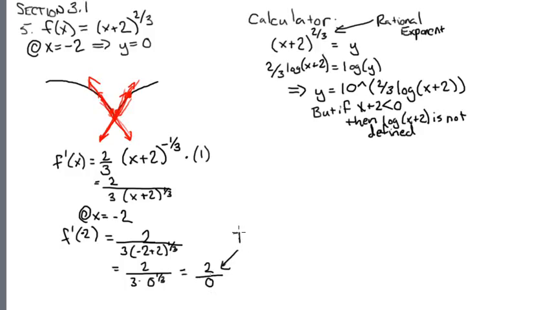So here I get division by 0, which tells us that this value of -2 is outside the domain of what I can put into this derivative.